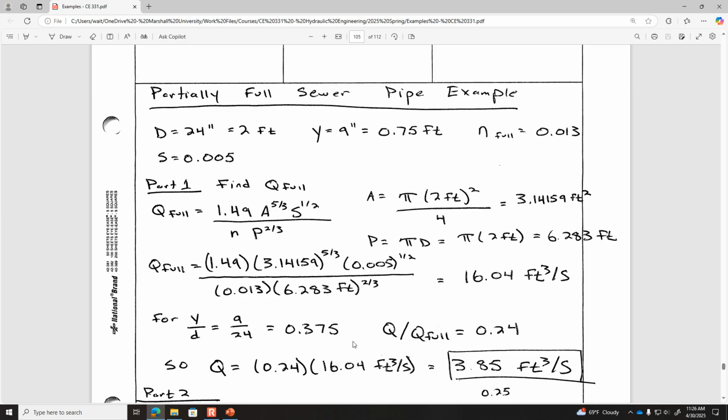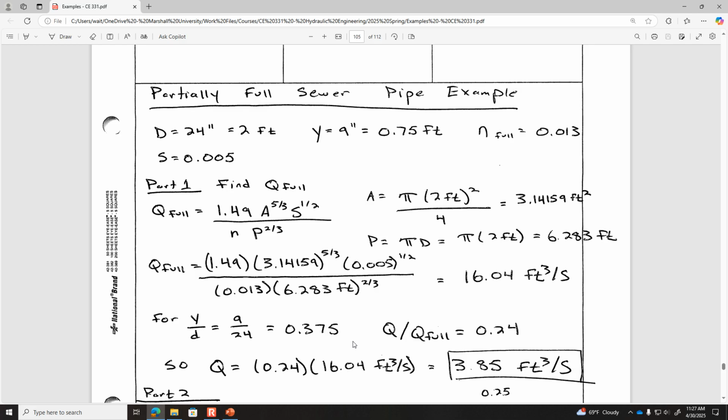And so that says that if the pipe was flowing at 9 inches, the flow rate that we expect to see is 3.85 cubic feet per second.